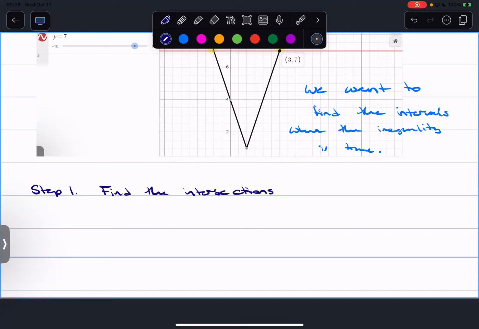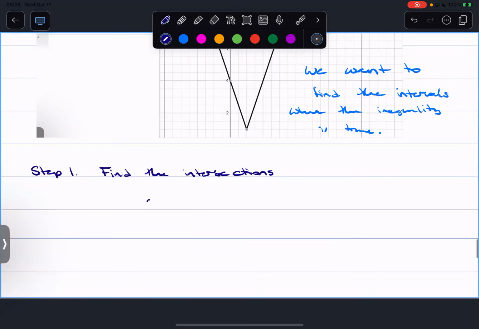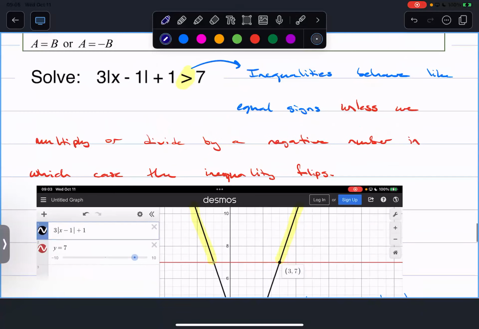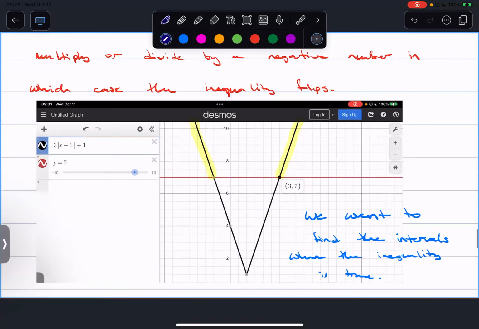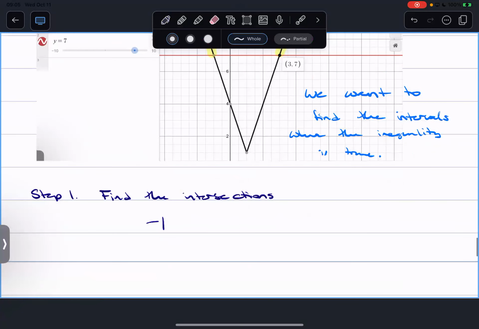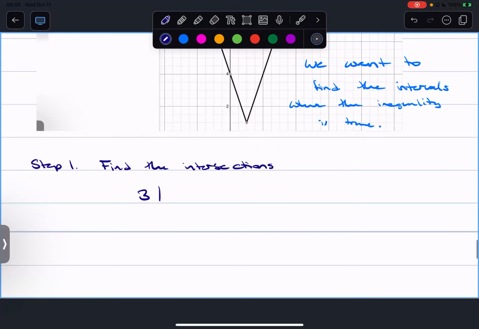Now we're back to where we were working. 3 times the absolute value of x minus 1 plus 1 is equal to 7, right? That's how I'm going to find the intersections. That's easier.